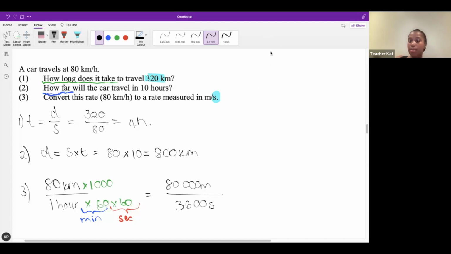Okay, now here's the problem. I don't want it per 3,600 seconds. I want it per 1 second, because that's what they said over here. Meters per second, meaning meters per 1 second. So we have to actually divide this. So what is 80,000 divided by 3,600?